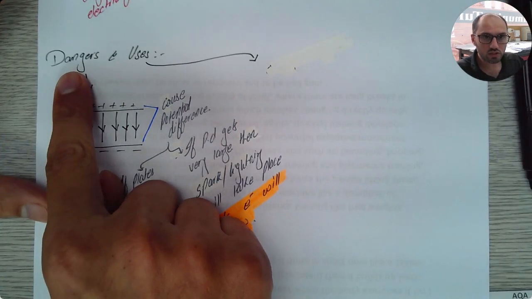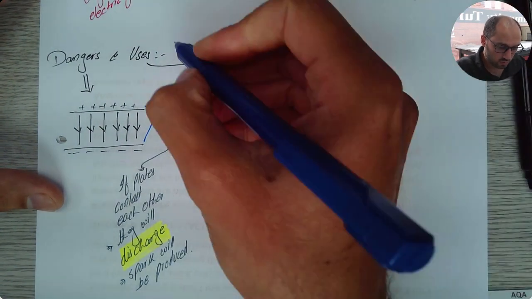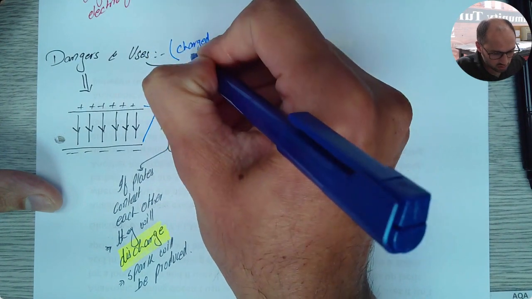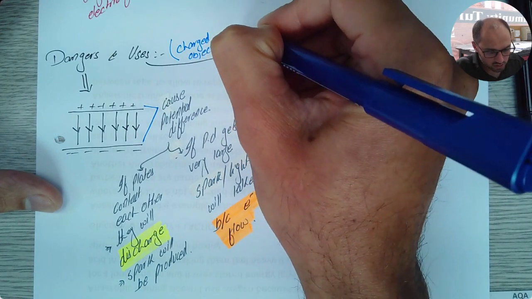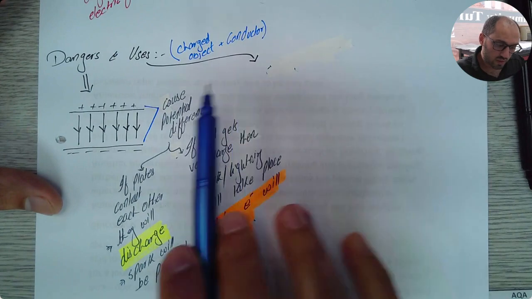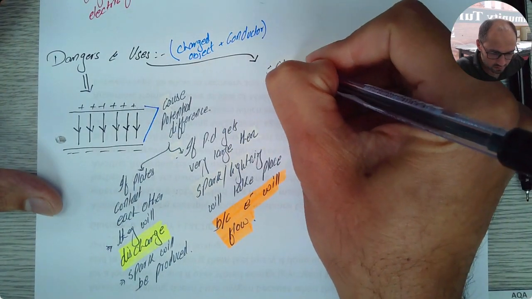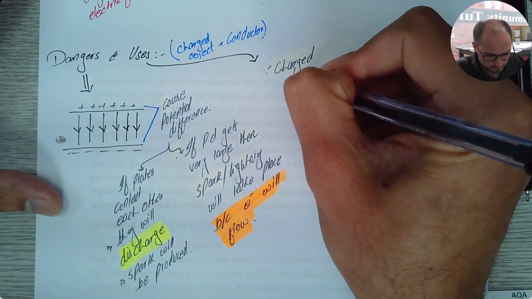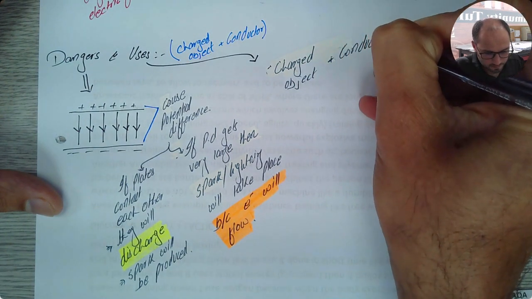Whether it's dangers or uses, it will always have two objects. One will be charged object, plus you will have a conductor. So when it comes to the uses, again, we will have charged object plus conductor.